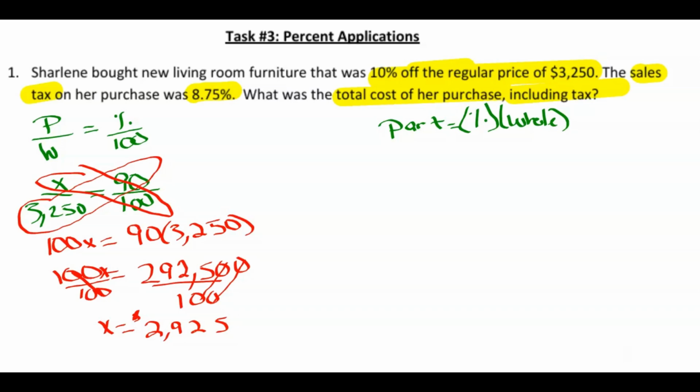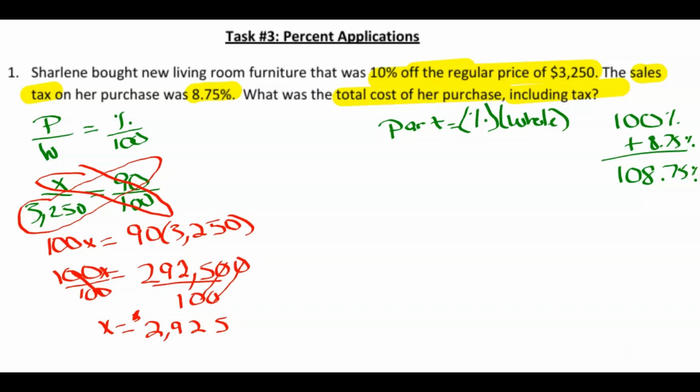That's the new price, and we want to include 8.75%. Since we want to increase the price, we take that 100% and add that 8.75%, and we get a total of 108.75%. That's the new percent.